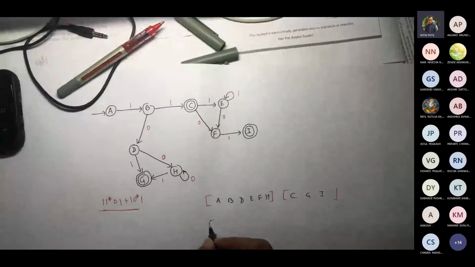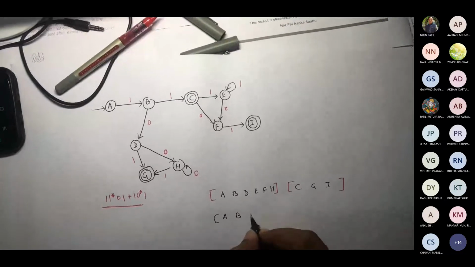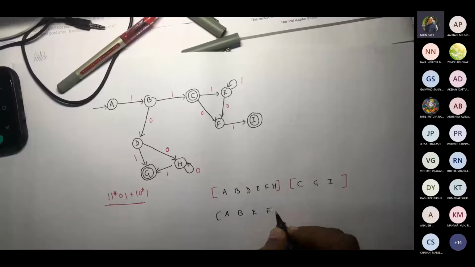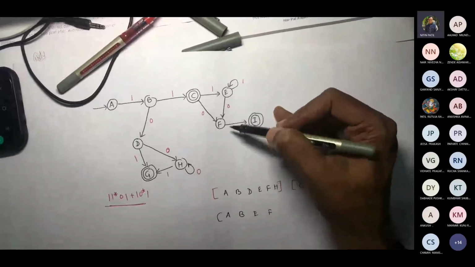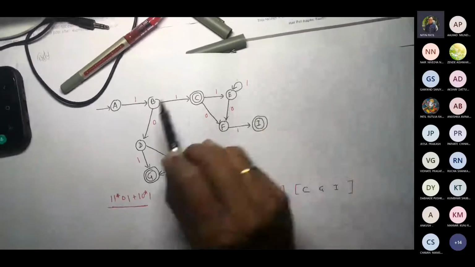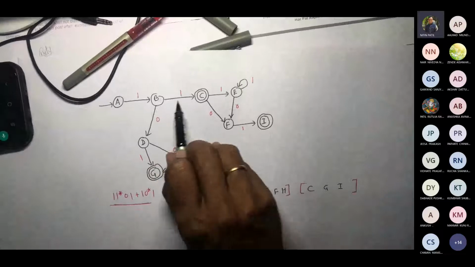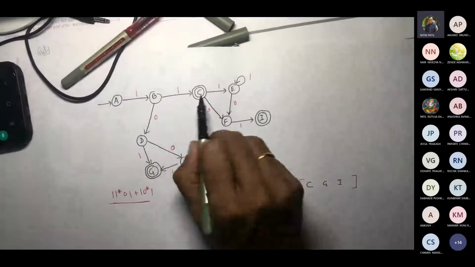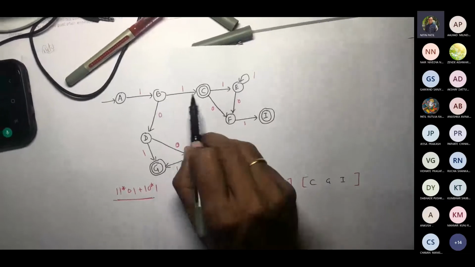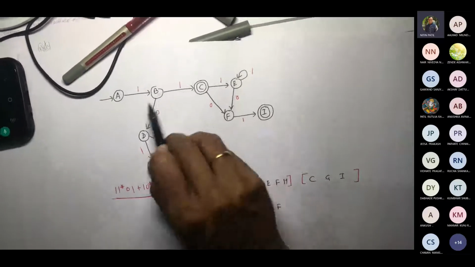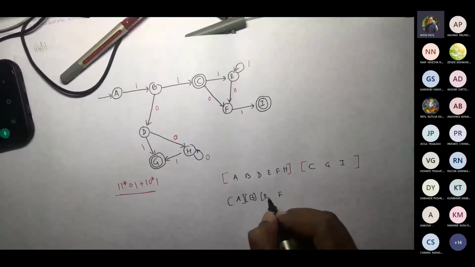So let me first try this: A, B, E, F. Because I cannot even take F and E together, because A and B are already different. For one input it remains in the same group, but for the other it goes outside. So I cannot keep both of them in one set. So let me separate this A, B, E, F.